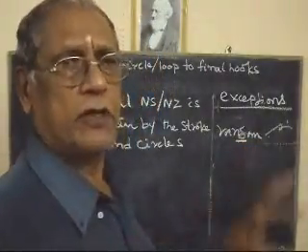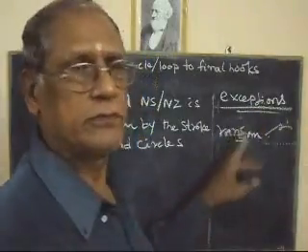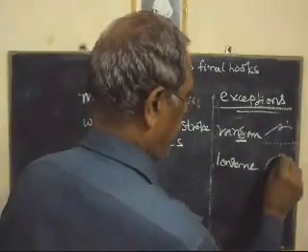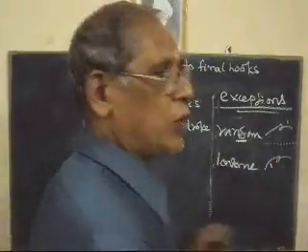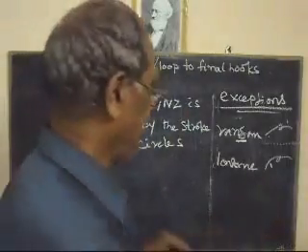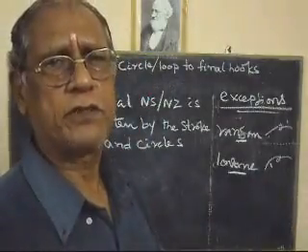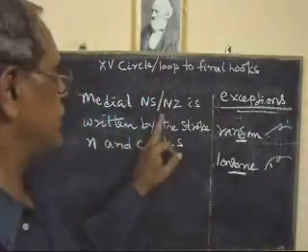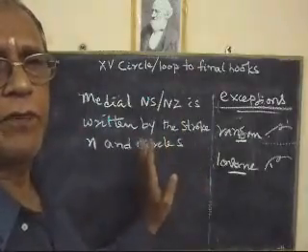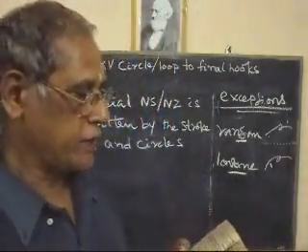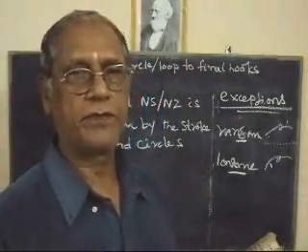So this is an exception. Lonesome is another. Few exceptions, two or three. Medial NS or NZ is represented by writing the stroke N and circle. You do the exercises 55, 56, 57 and 58.